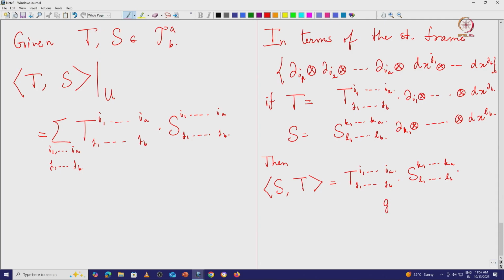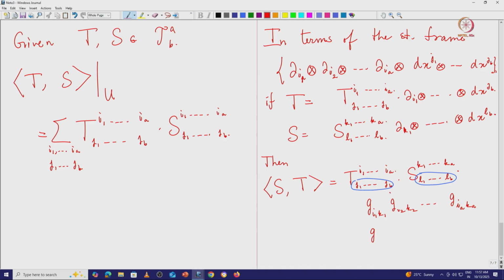Times g_i1k1 g_i2k2, etc. up to g_iAkA, and then corresponding to the lower indices, I have metric components with upper superscript.